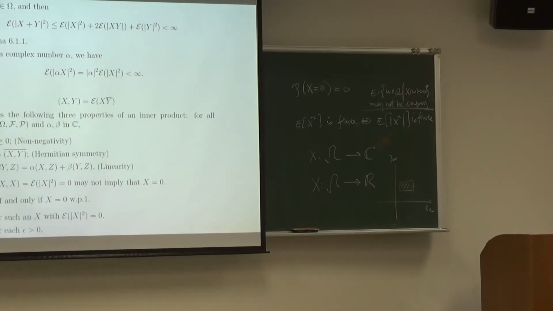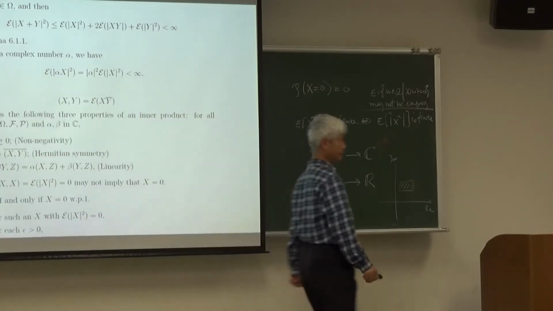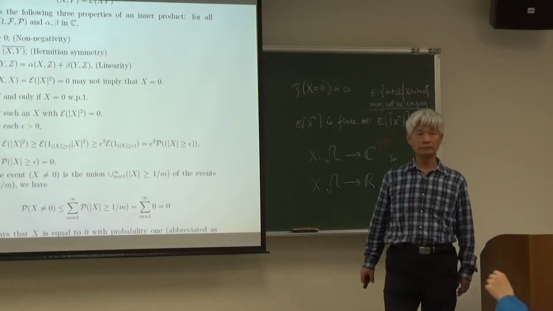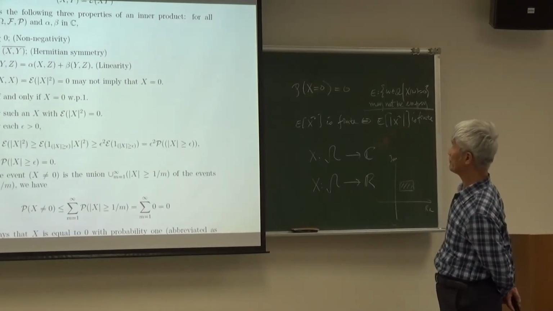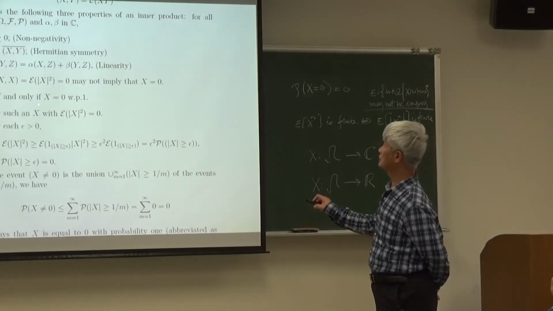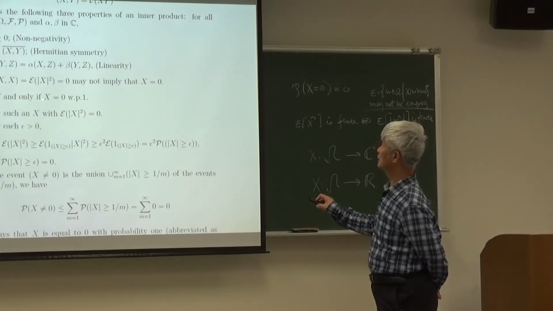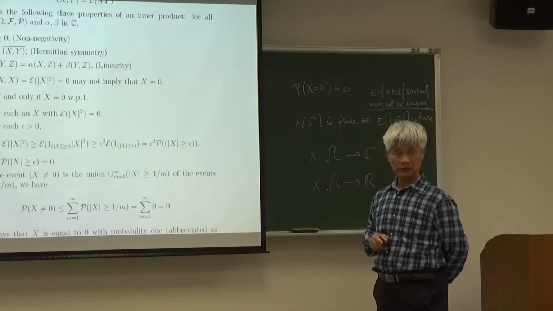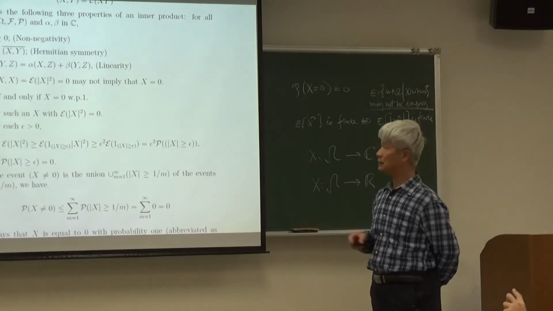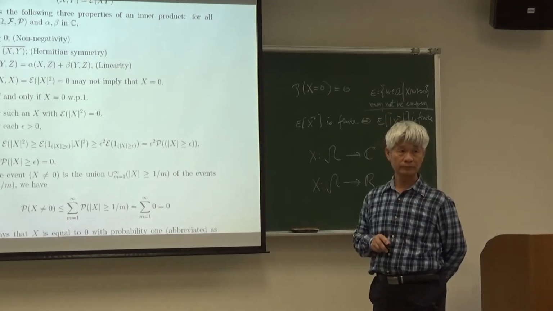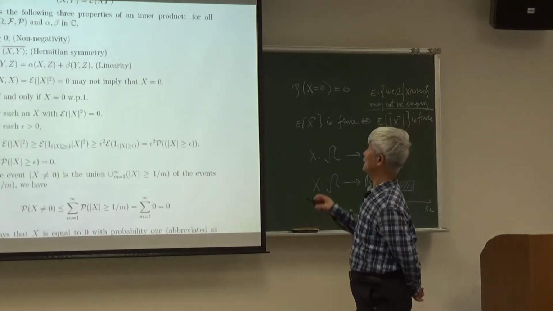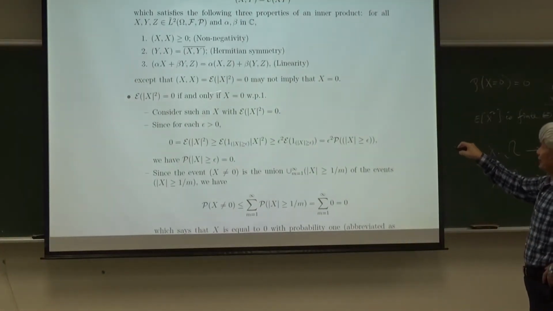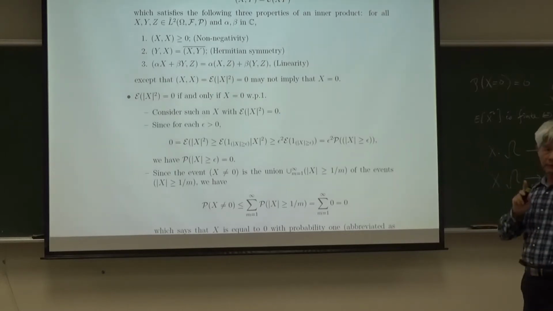Now the proof is here. I give you a simple proof of why this is true. First of all, this is 0 if and only if x is equal to 0 with probability 1.